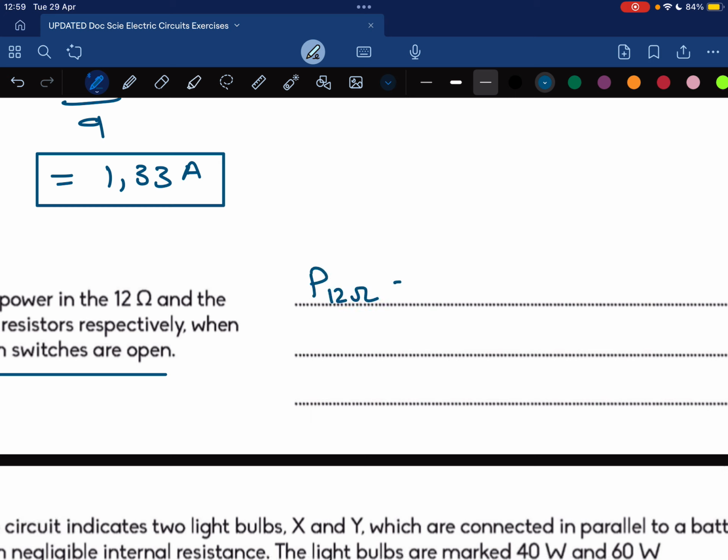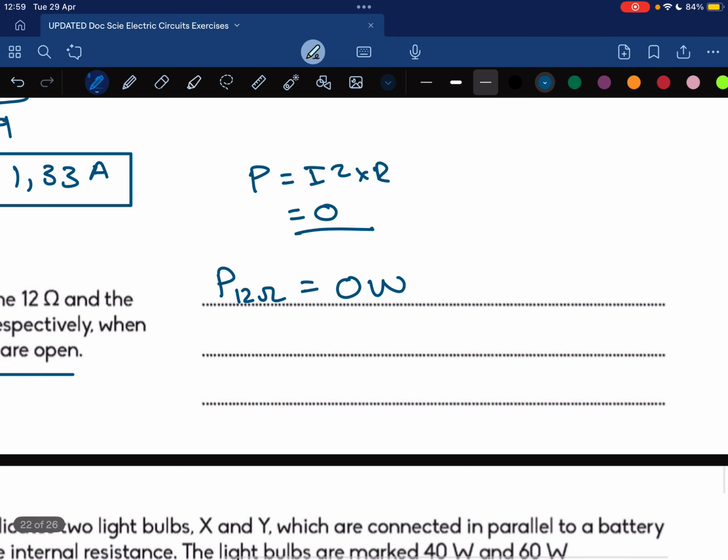So the power of the 12 ohm resistor is 0 watts. Okay, that's quite an important thing to take note of. And if you look at the equation, power is equal to I squared times R. Now, if I is 0, then the whole thing becomes 0. Just so that you note there.